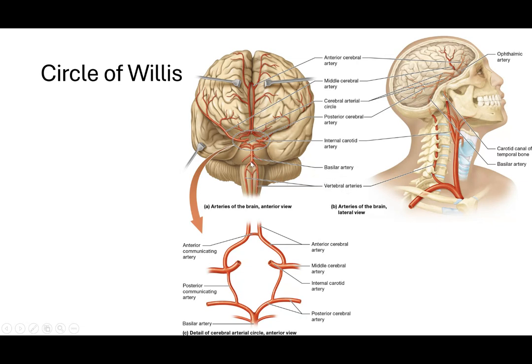They fuse together, and then it's truly supplied by the basilar artery. So we can see the basilar artery is going to come up and supply this circle. What it encircles, the circle of Willis, is going to be surrounding the pituitary gland and also the optic chiasm, where the two optic nerves meet.